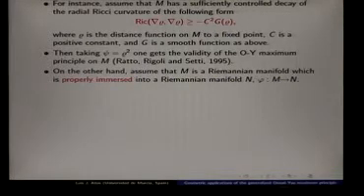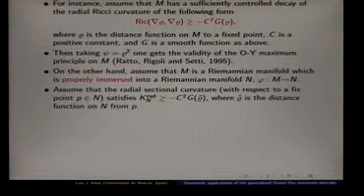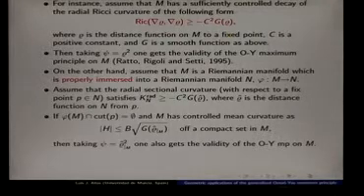On the other hand, if we assume that M is a Riemannian manifold which is properly immersed into another Riemannian manifold N by the immersion phi, and the radial sectional curvature with respect to a fixed point in the ambient space is bounded from below in this form, where rho is the distance in the ambient space, and if the immersion does not intersect the cut points of p and has controlled mean curvature in this form, then again, taking this function as psi, we get the validity of the Omori-Yau maximum principle on such a manifold.